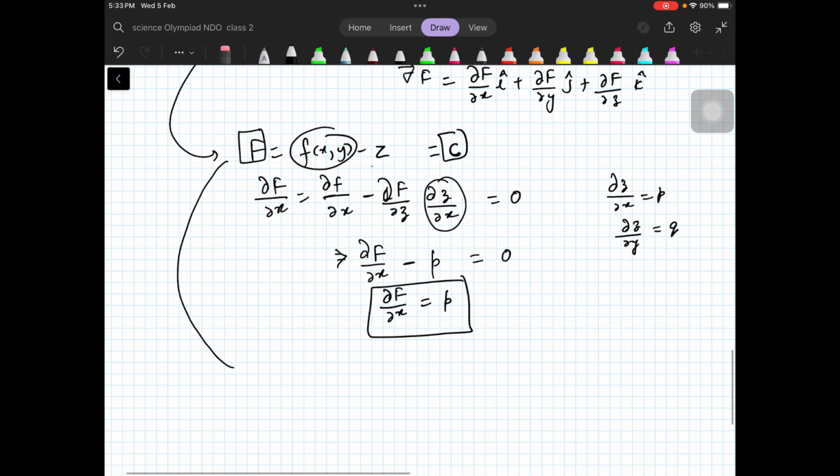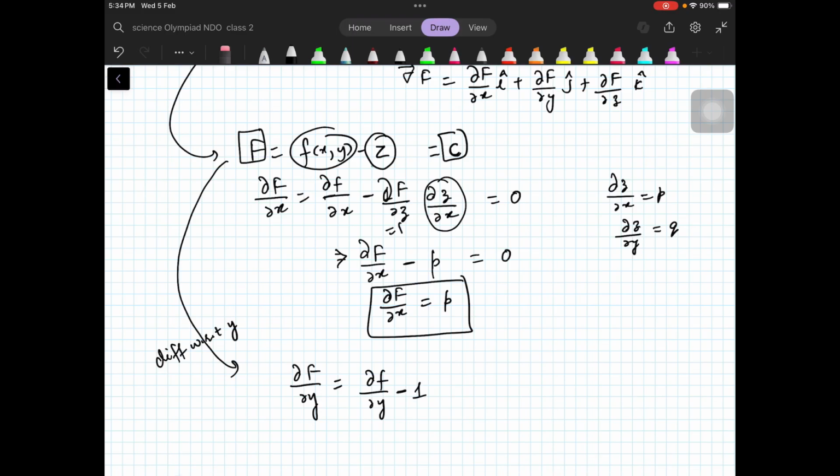Similarly, if I differentiate with respect to y, curly F by curly y is equal to curly f by curly y minus curly F by curly z, which is 1, then curly z by curly y, and this is equal to c, so the derivative will be 0.